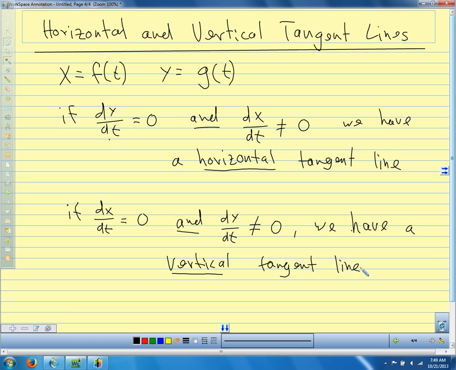That gives us a vertical tangent line. So intuitively this makes sense, and we have the tools now to define horizontal and vertical tangent lines. We check for these conditions, and that tells us when we have a vertical or horizontal tangent line.